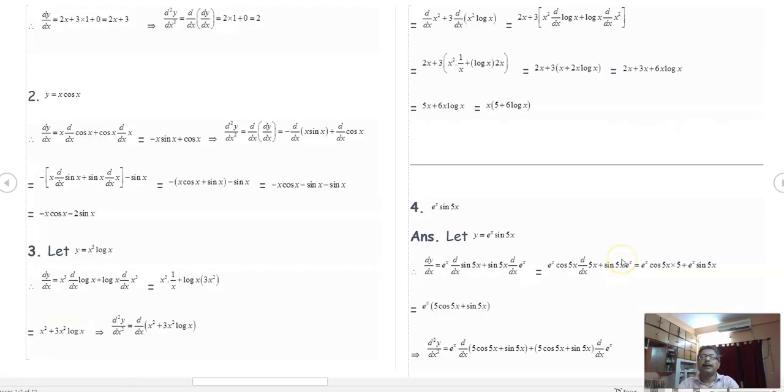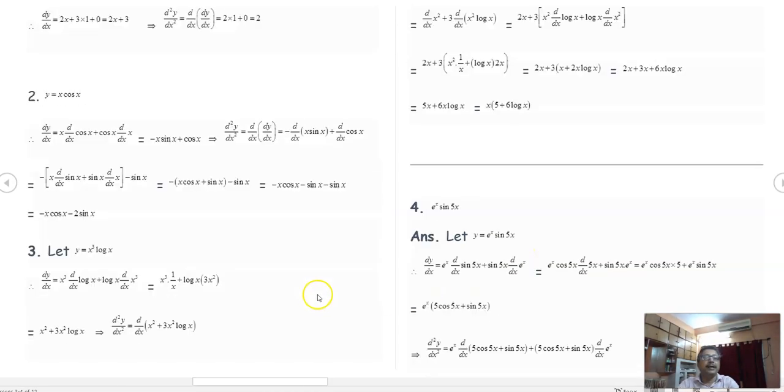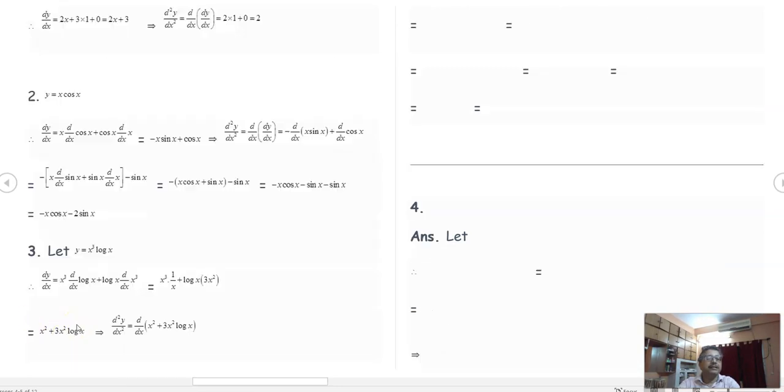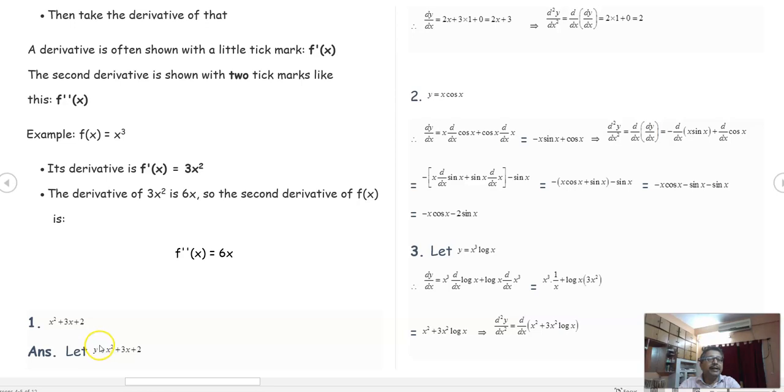Now let us go for one numerical example where we take the function y equal to x square plus 3x plus 2. What will be the second order derivative of this function? If we differentiate it the first time, the derivative of x square is 2x, the derivative of 3x is 3, and the derivative of 2 is 0.